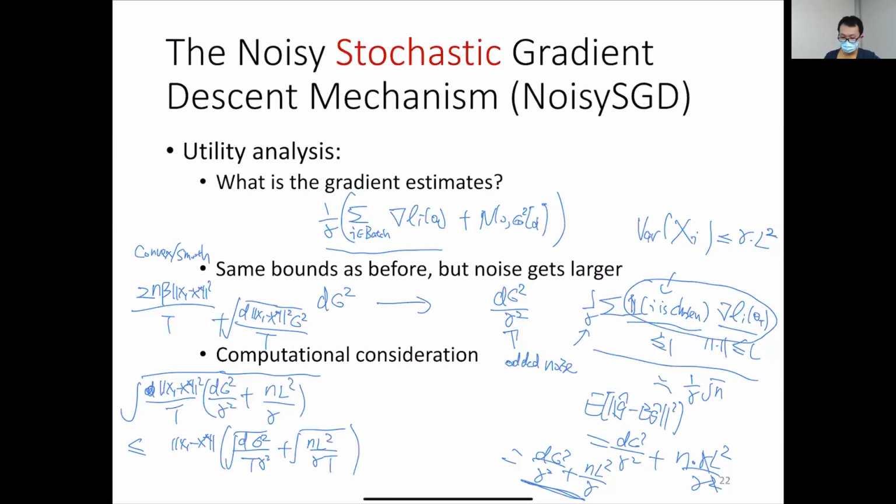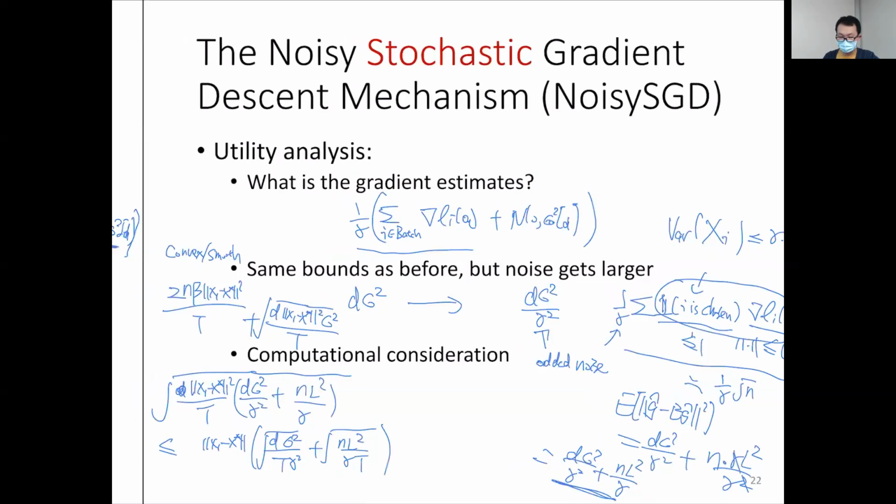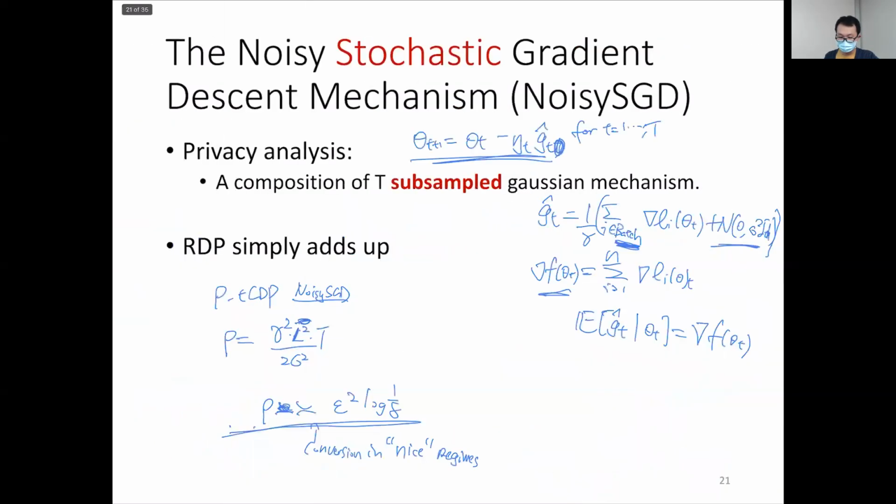Okay, so recall that from the CDP analysis, this is our choice. So in some sense, when we set this rho parameter and assume things remain within the nice regime, then what we know is that the sigma square over t gamma square, so this is something like a constant, is equal to L square over 2 rho, right?